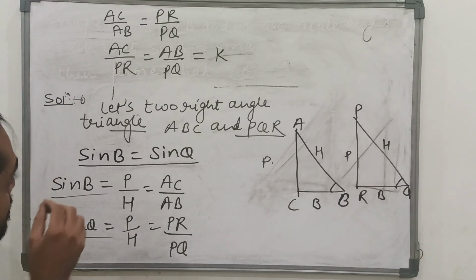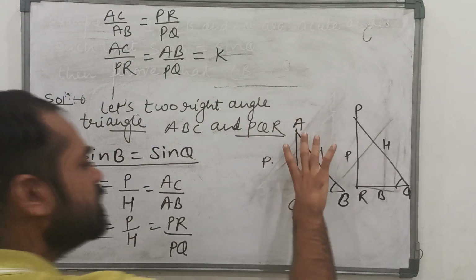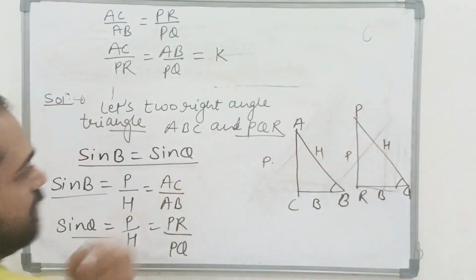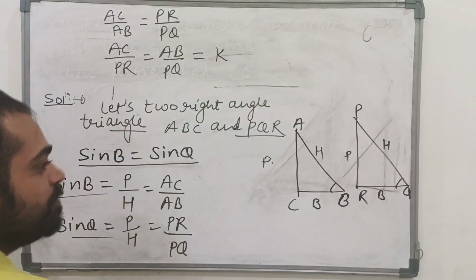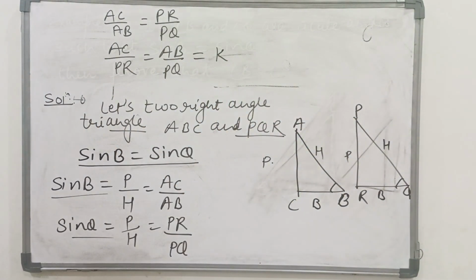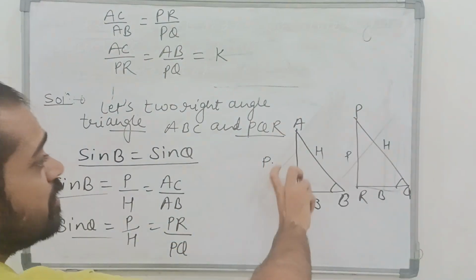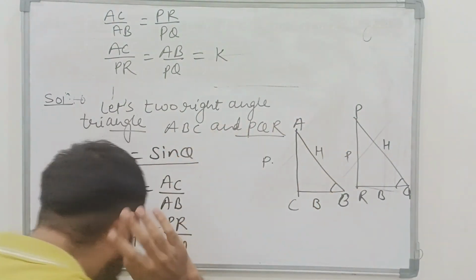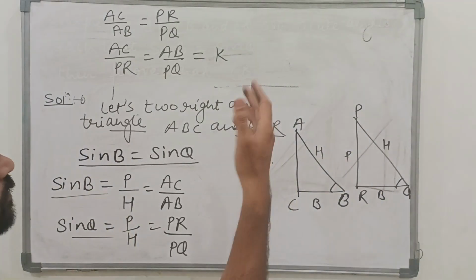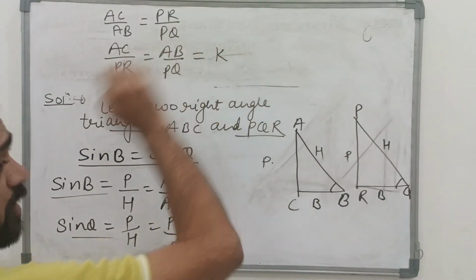If AC upon PR ratio, AB upon PQ ratio is equal to K, that means this side upon this side, the perpendicular of both right angle triangles, have ratio equal to the hypotenuse ratio, which is equal to K.